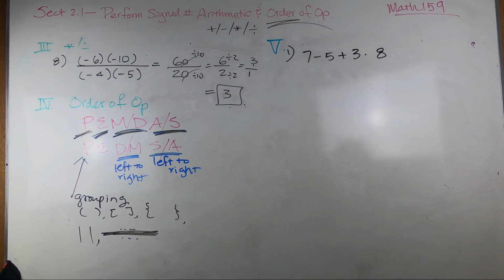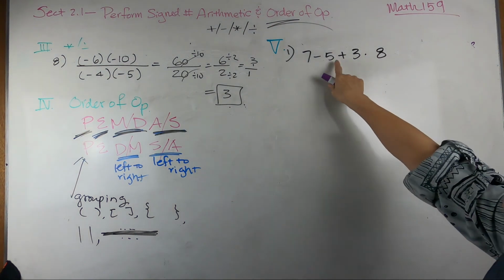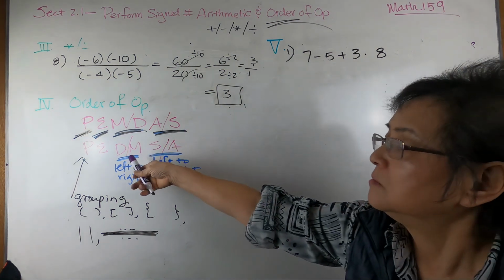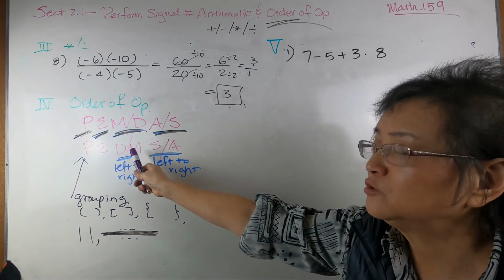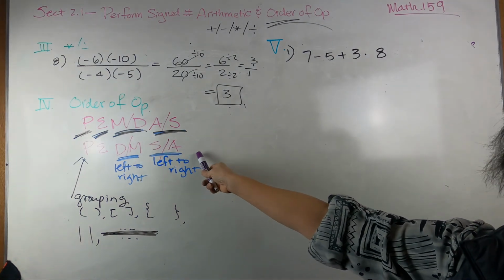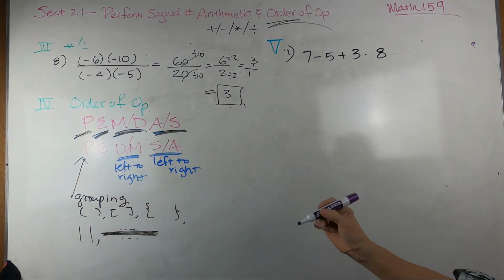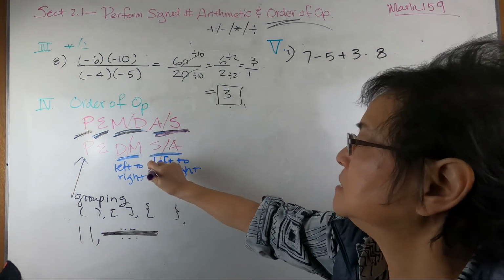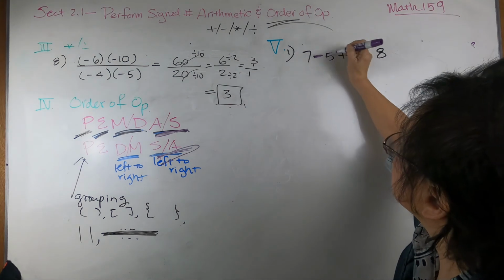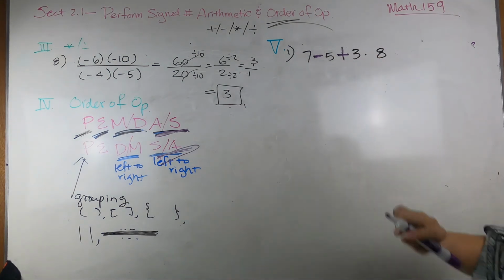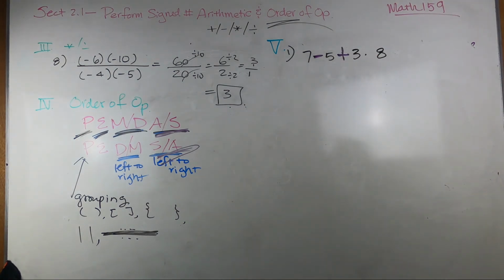So, how should we do it? Multiplication and division you have to do before the addition and subtraction. You do the addition and subtraction last. So this is your addition and subtraction. You do it last. Then you need to do multiplication before those.